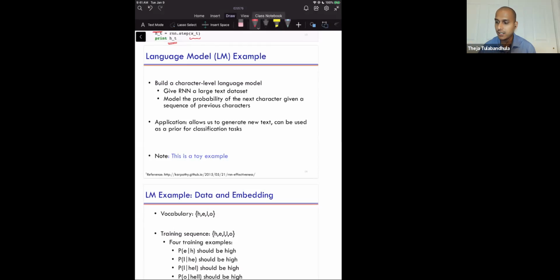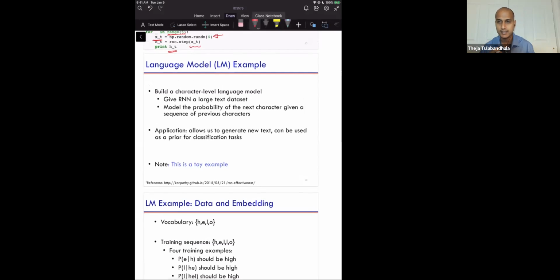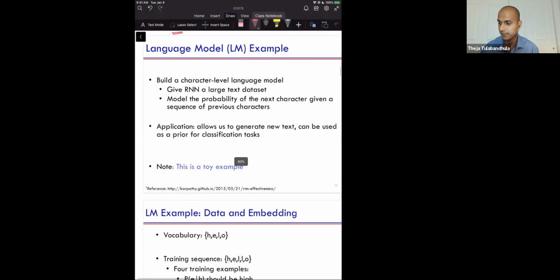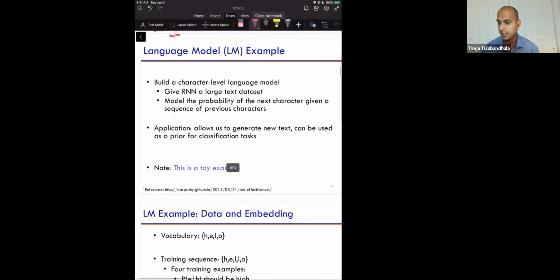Okay, so now let's come to an example to understand a little bit more about how an RNN is going to work. For that, we'll look at language modeling, the task we discussed last time using Markov models. And we're going to look at a specific type of language model for this example, which is a character level language model.